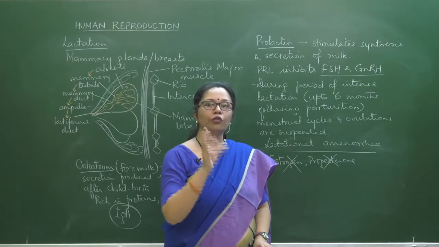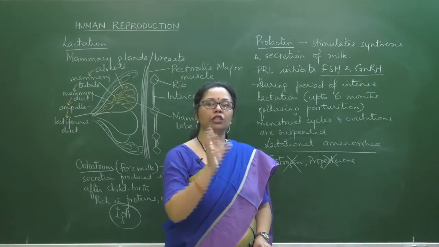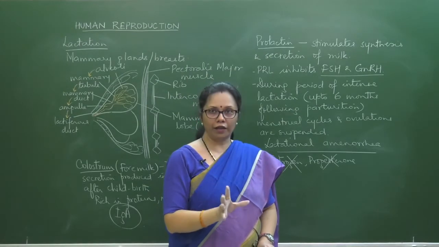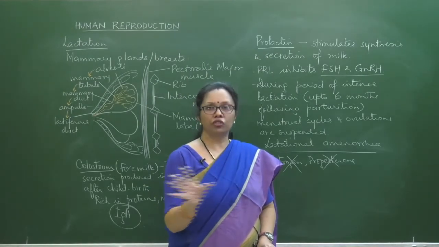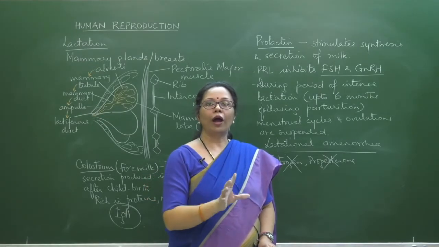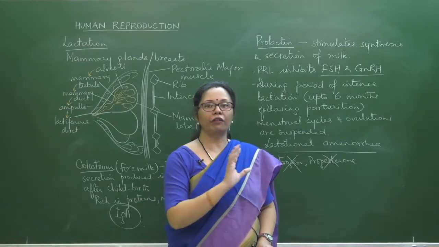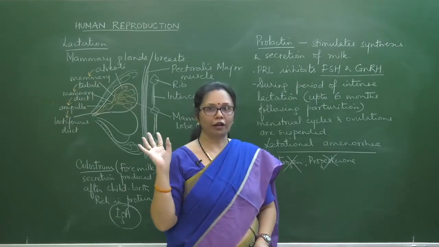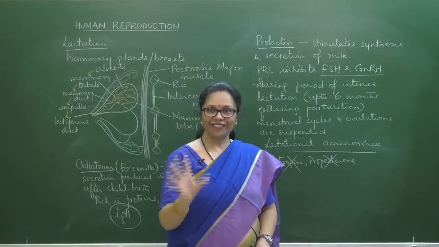So prolactin, you have to understand, will be secreted only when the female is producing milk, only at that time. Otherwise it is never secreted all through the life of the female. So a female who had never had any pregnancy or never had any child would never have produced prolactin.